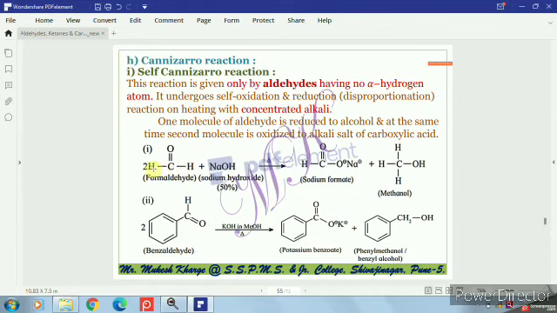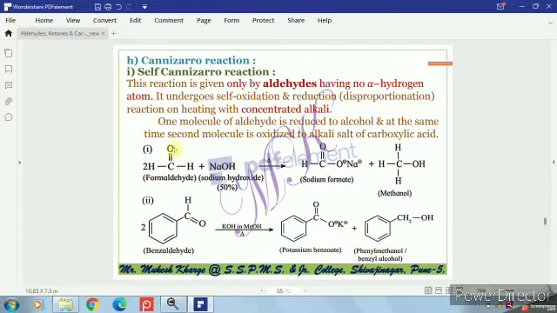So if you take formaldehyde, there is no alpha carbon, that's why there is no alpha hydrogen. Two molecules of formaldehyde react with 50% NaOH. One molecule of formaldehyde undergoes oxidation to the corresponding sodium salt because we use NaOH. So write down oxygen here with Na, so HCOONa, and the second molecule undergoes reduction of aldehyde to give primary alcohol.